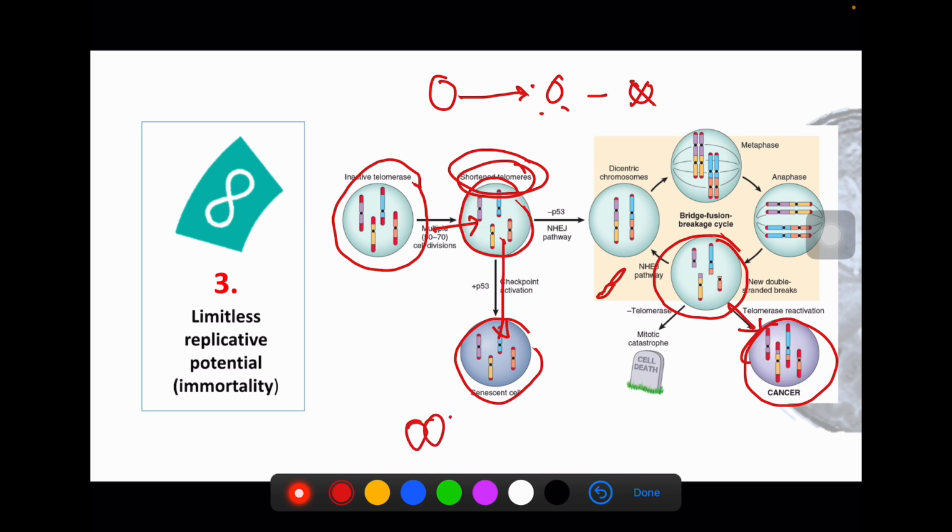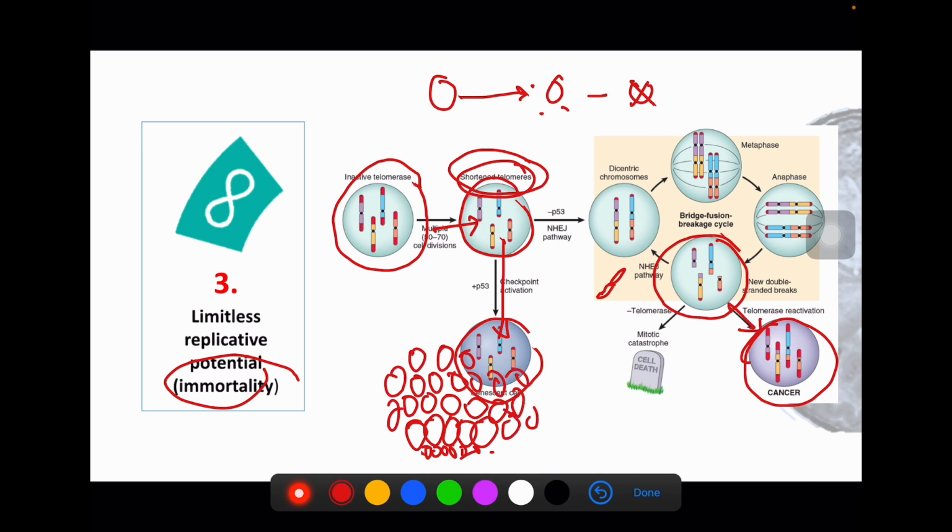Normal cells will always be replicating, but to make sure there is enough space, some cells that are old will die and be replaced by new cells later on. But if the cell does not die and becomes immortal, the old cells stay, the new cells still grow, and this is what we call a tumor.